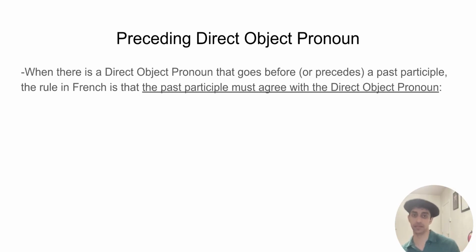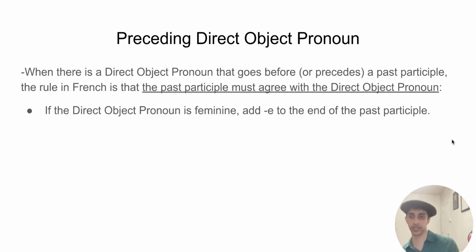Preceding means the same thing effectively as going before. So whenever there is a direct object pronoun that comes before a past participle, the rule in French is that the past participle has to agree with the direct object pronoun, and they have to agree in terms of number, singular and plural, and gender, masculine or feminine.